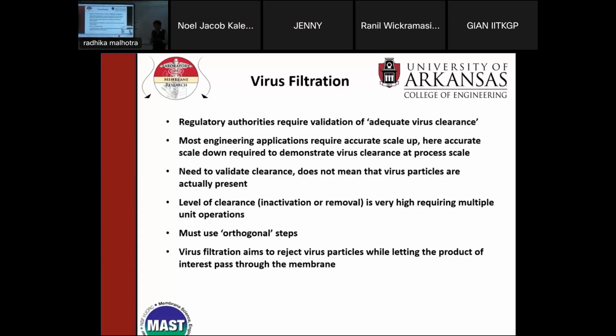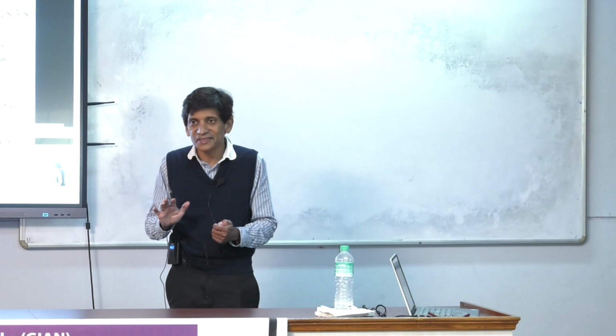So you cannot possibly take this whole manufacturing scheme and start spiking it with virus, okay, and then say, now I show clearance, right? Why can't you do that? Well, firstly, you're going to infect the whole thing, and you'll never be able to validate that you cleaned it. But secondly, I don't think there's anyone here with a microbiology background, right? Is there?